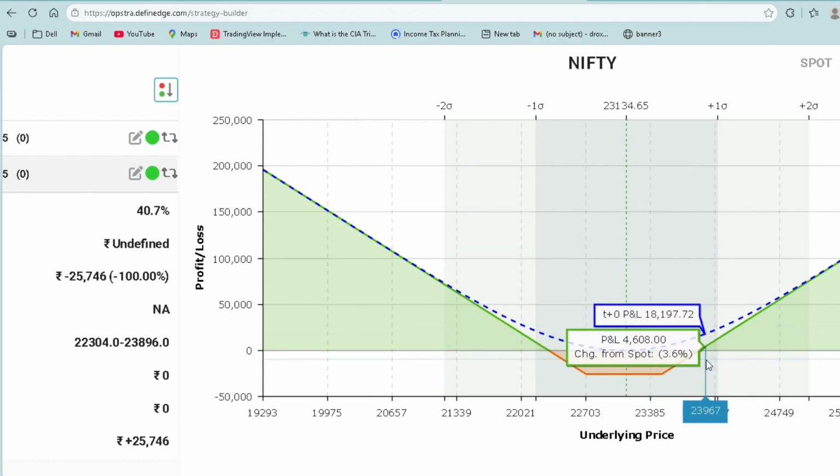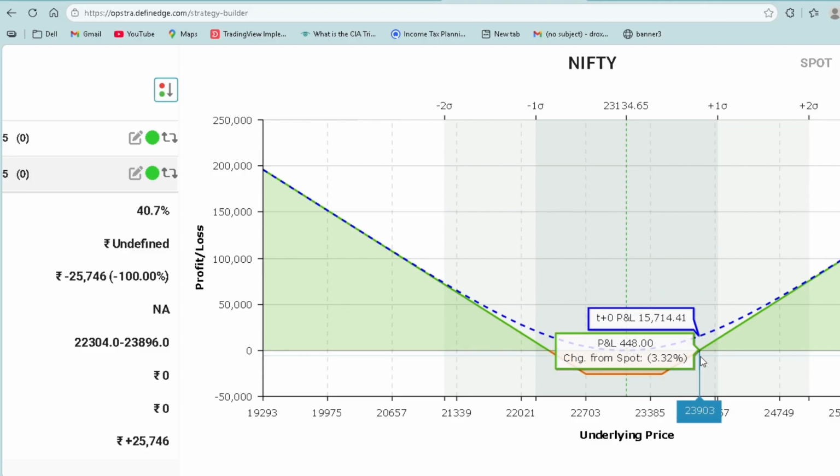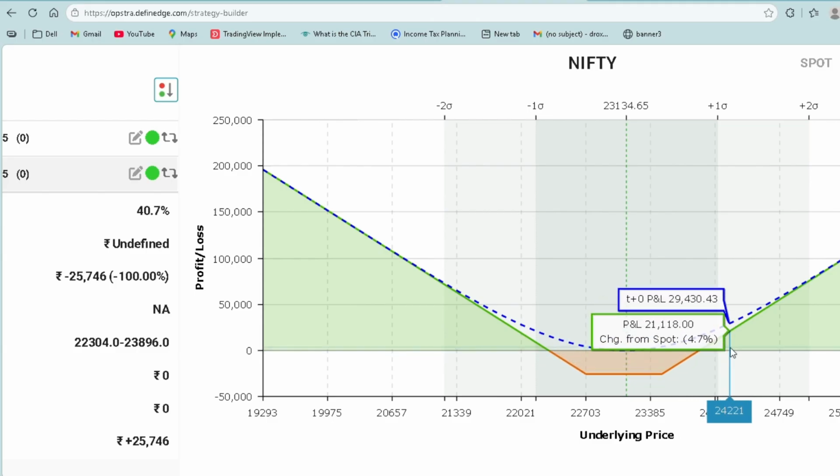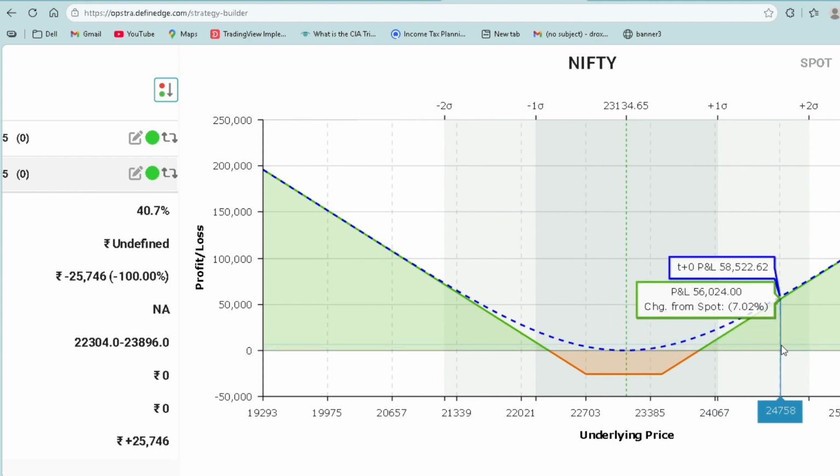Like the lower side, on the upper side too, if market closes at expiry above this level, that is 23,896, a trader will be in profit. The more it goes up and closes, the more a trader will make money. See, at 47,758 market level, a trader will make profit around 58,522. That's the logic here.